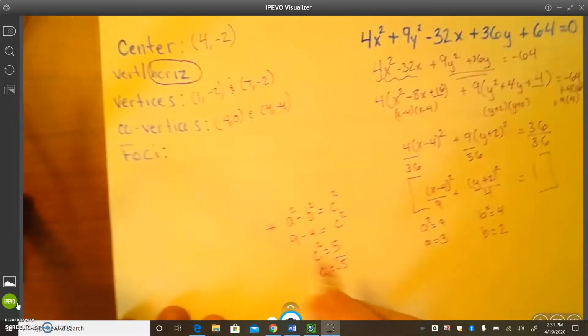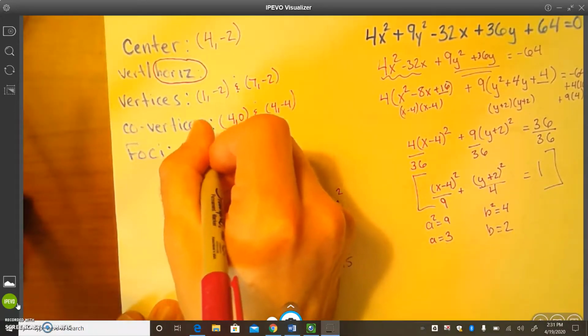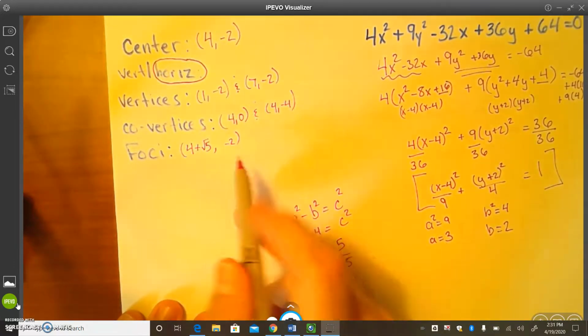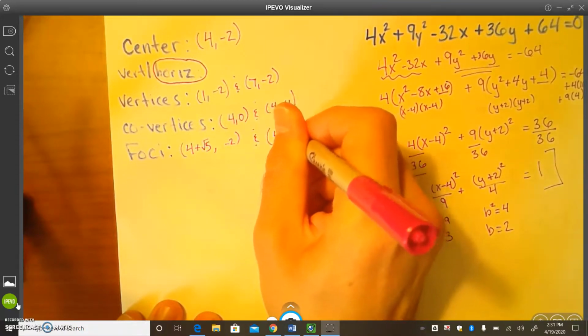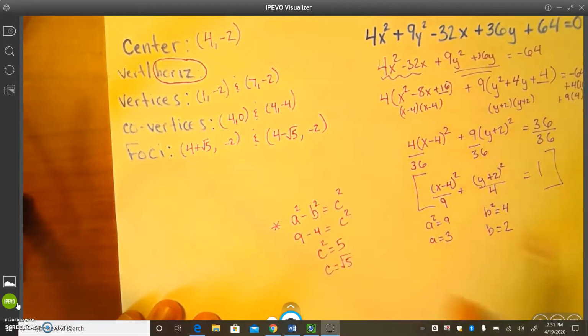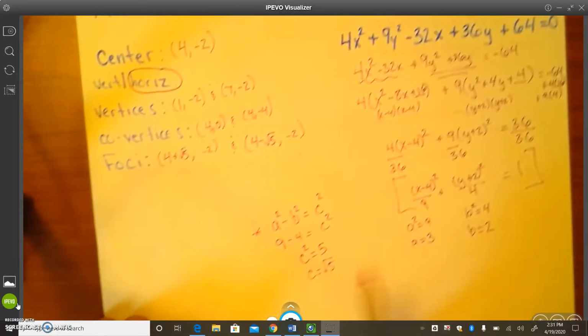I'm going to be exact, so I'm going to leave it as 4 plus the square root of 5, and the y-coordinate stays the same. And the other one is very simply 4 minus the square root of 5, and I'm going to leave the y-coordinate the same.